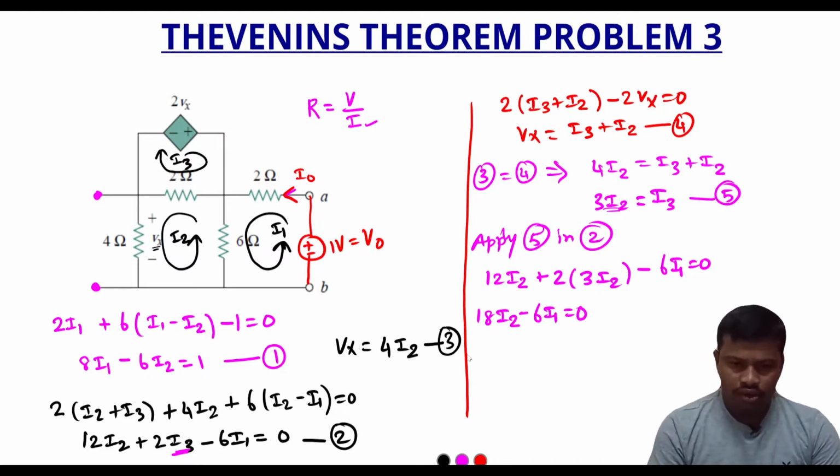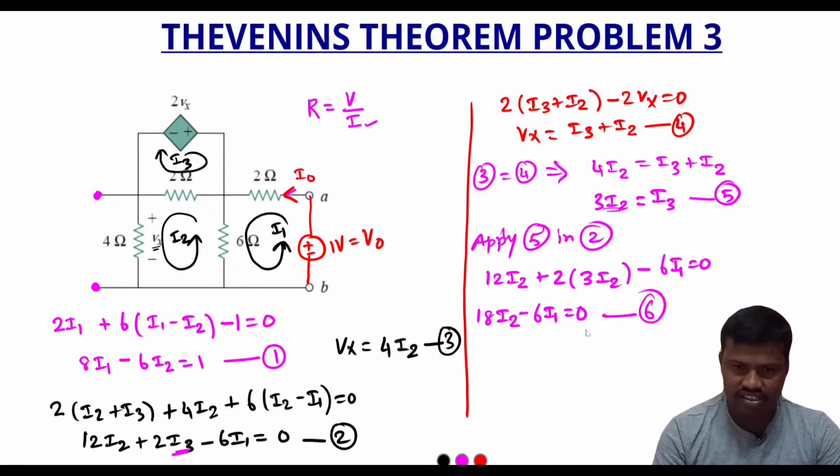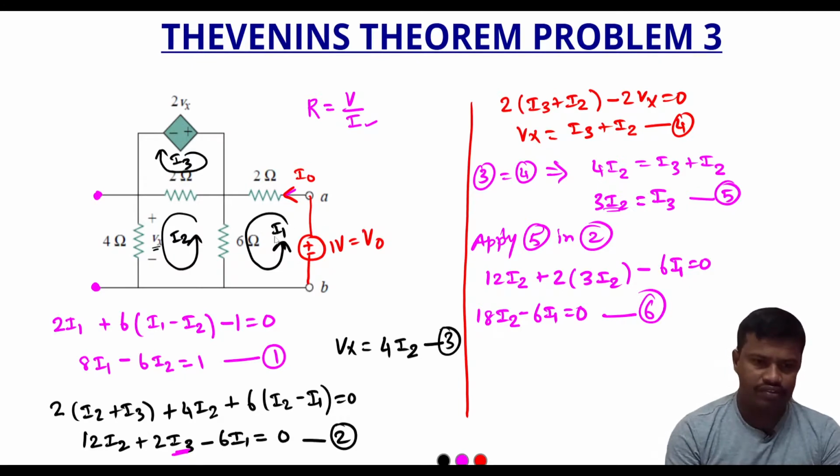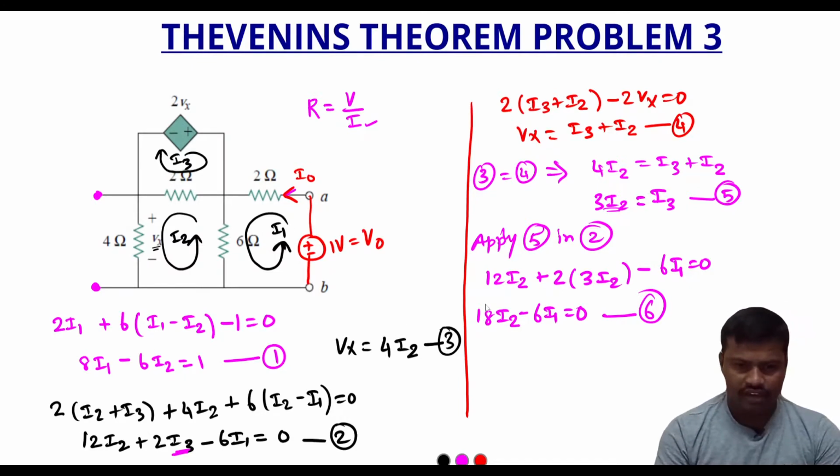Now let us say this is equation number 6. When we see equation 1 and equation 6, I am interested in finding the value of current I1, so I will cancel out the value of I2.